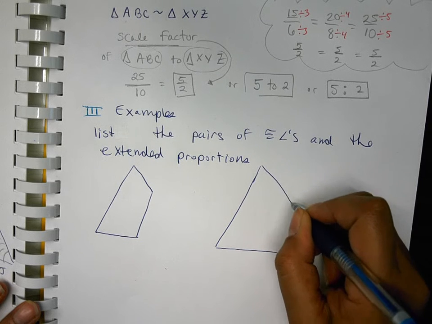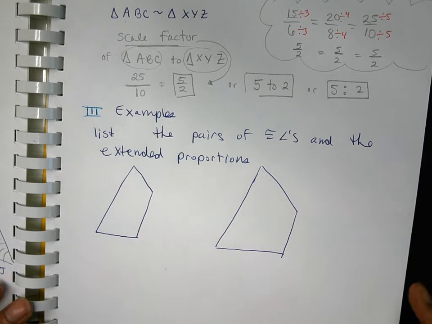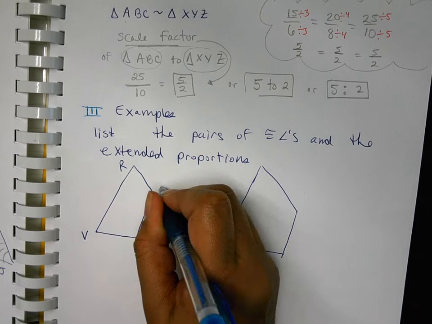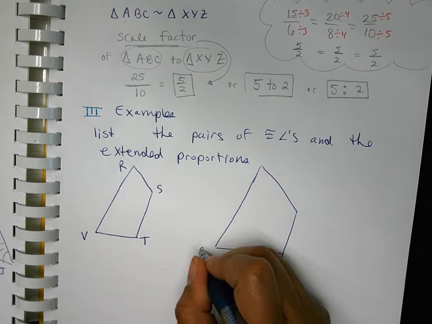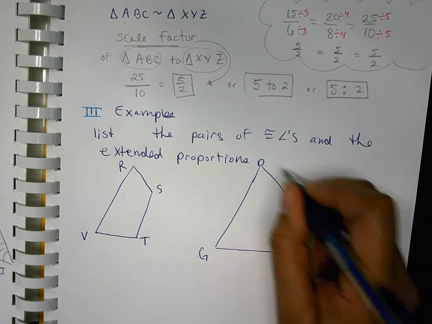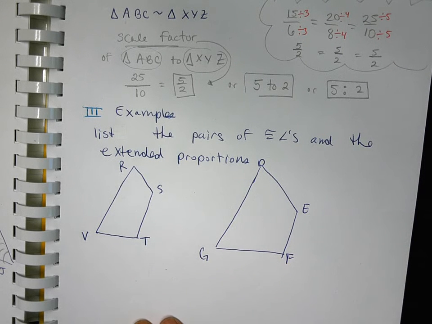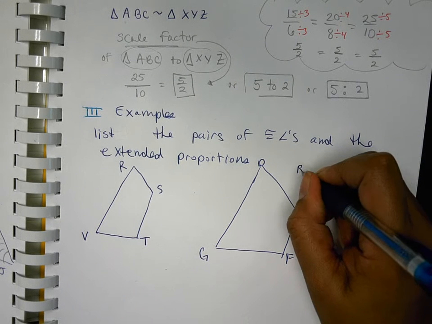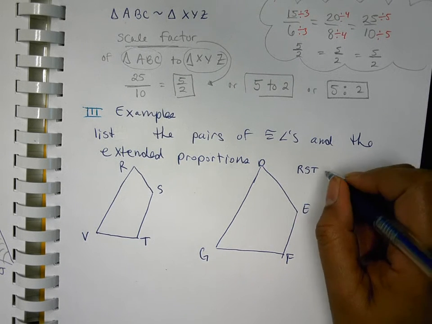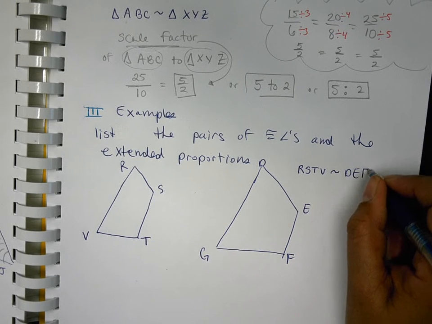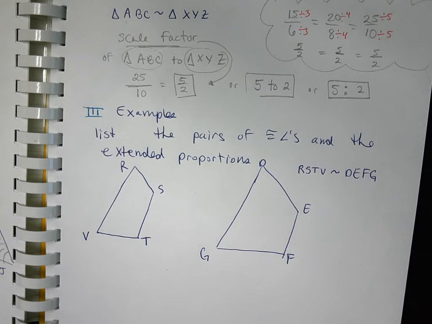I can't ever get these looking right. All right, let's get this labeled really quick. V, R, S, T, G, D, E, F, and I'm going to give you the similarity statement. So get this down, and I'm going to write it over here. R, S, T, V is similar to D, E, F, G. And I want you writing all the congruent corresponding angles.